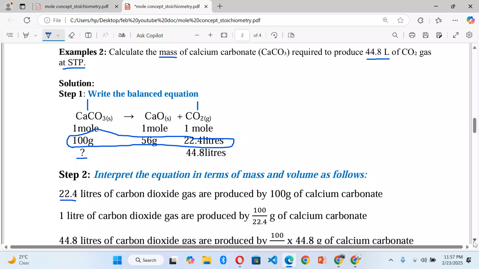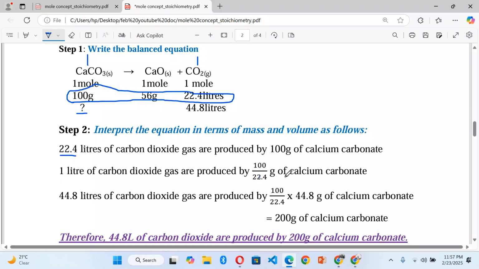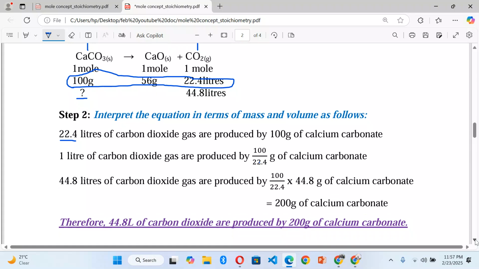So it will be 100 over 22.4 times the 44.8 liters. So the answer we get is 200 grams of calcium carbonate. So we can conclude and say, therefore, 44.8 liters of carbon dioxide are produced by 200 grams of calcium carbonate.